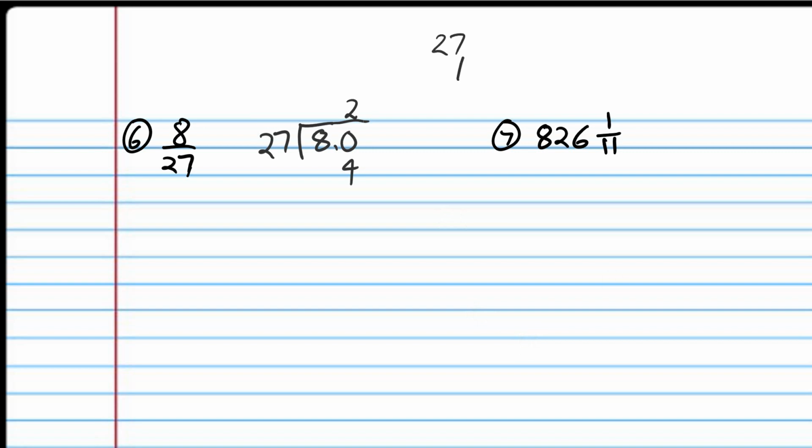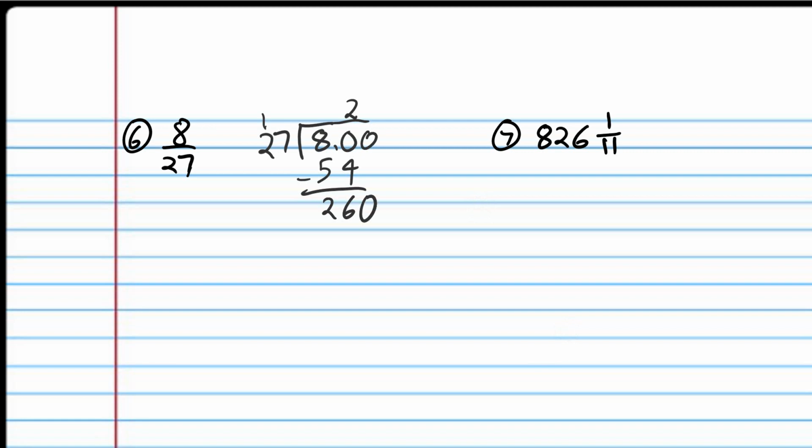Instead of setting it up over here and doing it that way, I'm going to keep this number here, and I'm just going to multiply 2 times 27. So 2 times 7 is 14, carry the 1. 2 times 2 is 4, plus 1 is 5. Subtract. You can bar if you want to, but I'm just going to do it in my head for time's sake.